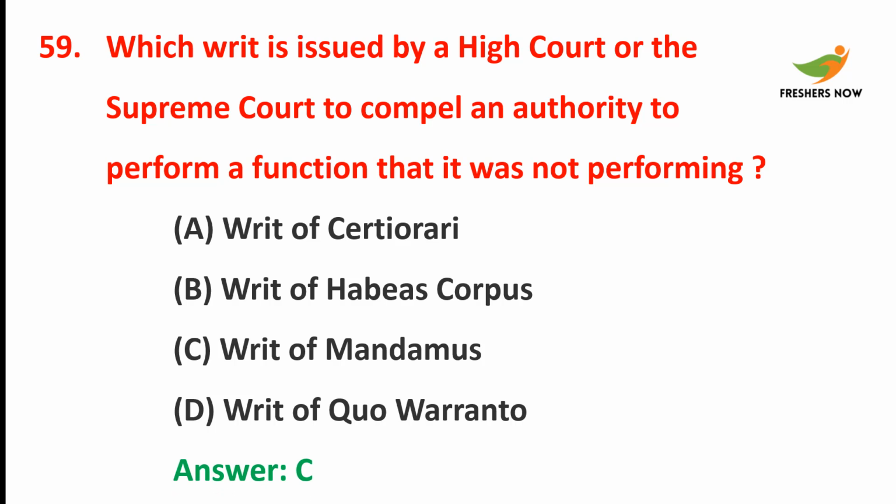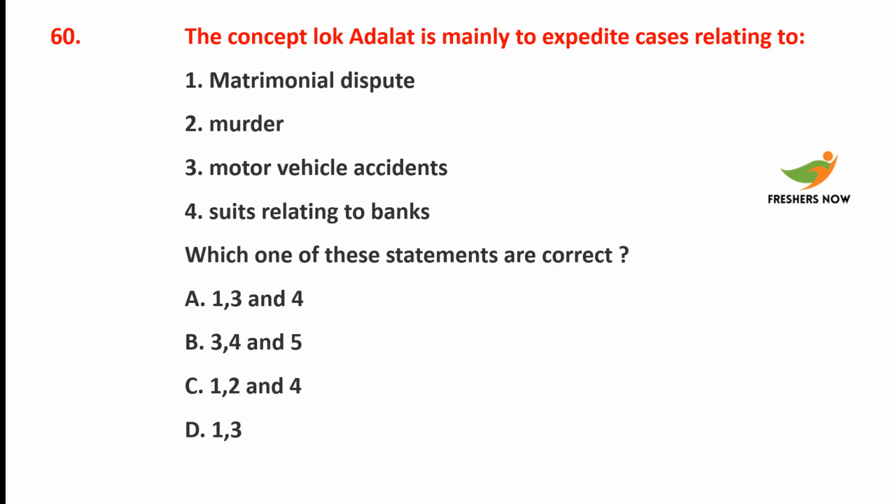And the answer is C, writ of mandamus. 60th question. The concept Lok Adalat is mainly to expedite cases related to? And the answer is A, 1, 3 and 4.